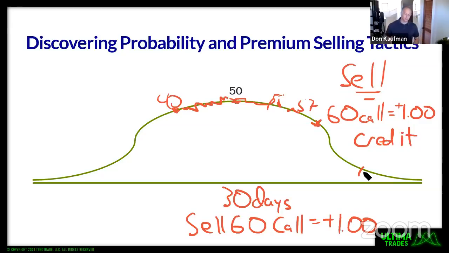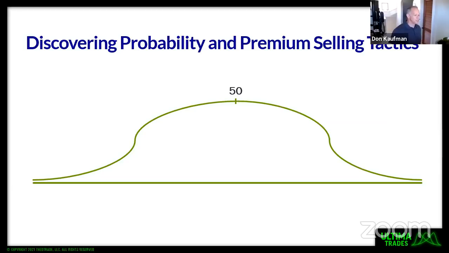All I want to get to right now is, are we okay in understanding this example? Listen, I'm not proposing that you need to go out and sell options naked.